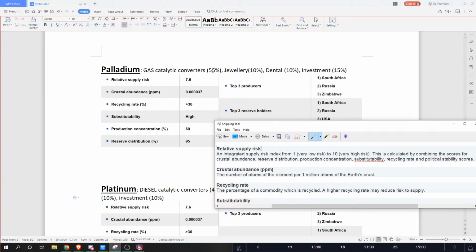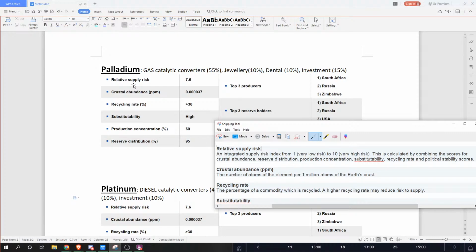Well, mainly over 55% of the palladium supply is going into catalytic converters, and basically the use of CO2 emissions reduction in cars, trucks, and other vehicles. That's mainly what palladium is used for. Over 50% of that metal is used in that purpose. You got 10% in jewelry, 10% in dental and other medical uses, and then a little bit in investments. So we can see the large majority of it is going to be in cars. So we're going to look at some sales for cars, trucks, in some parts of the world.